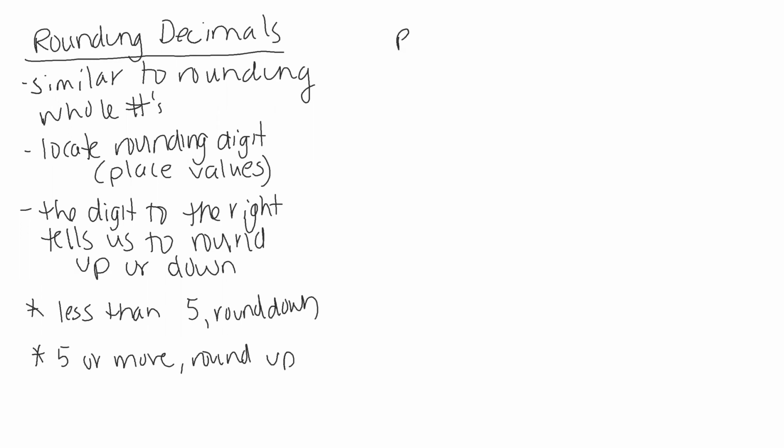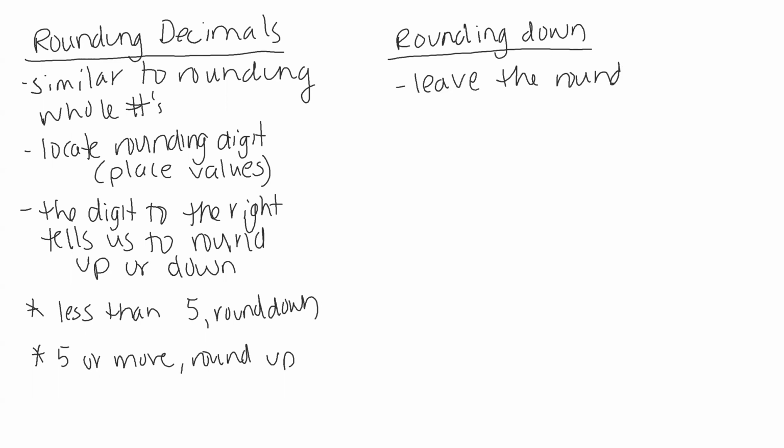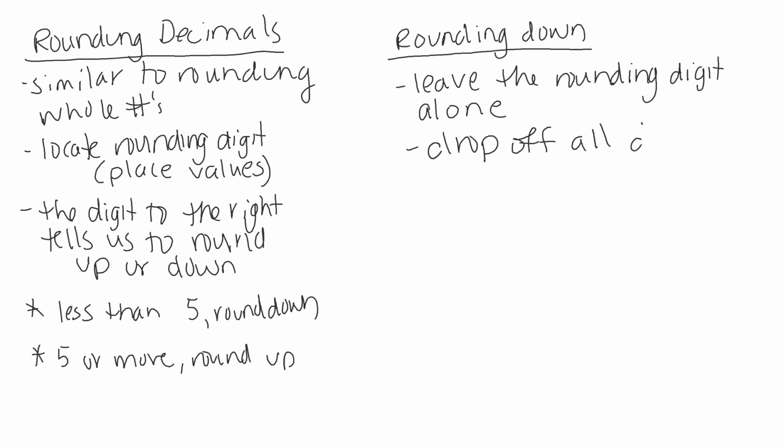Let's look at what that looks like. Rounding down: leave the rounding digit alone. If you're going to end up rounding down, you don't add, you don't subtract, you just leave the rounding digit as is, and then drop off all digits after.